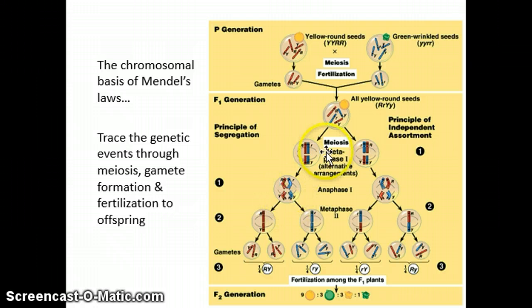But what's also occurring through this metaphase-anaphase stage is the principle of independent assortment, which means that some of the father's chromosomes are going to end up on one side of the cell, and some are going to end up on the other, just depending on how they lined up on this metaphase plate. So again, I want you to think about what that means and make sure you understand how that works.